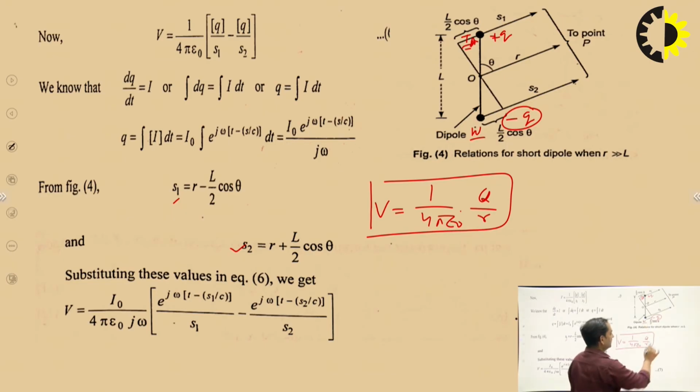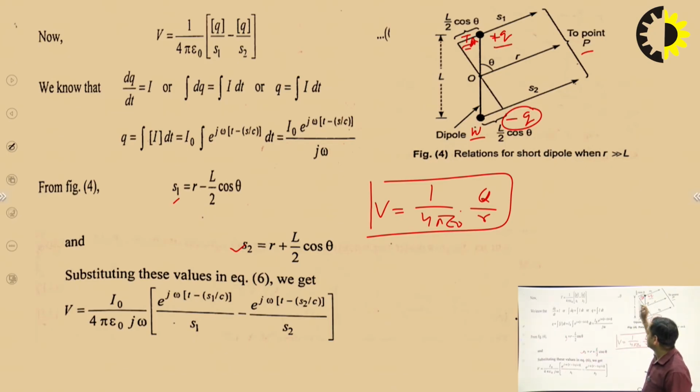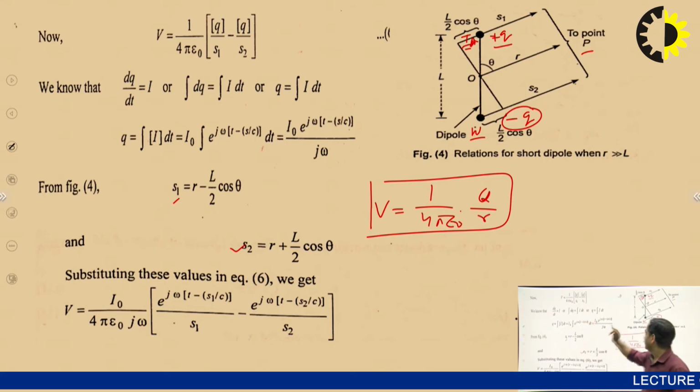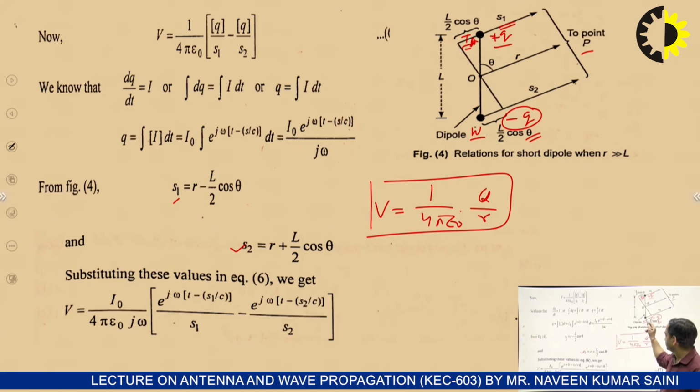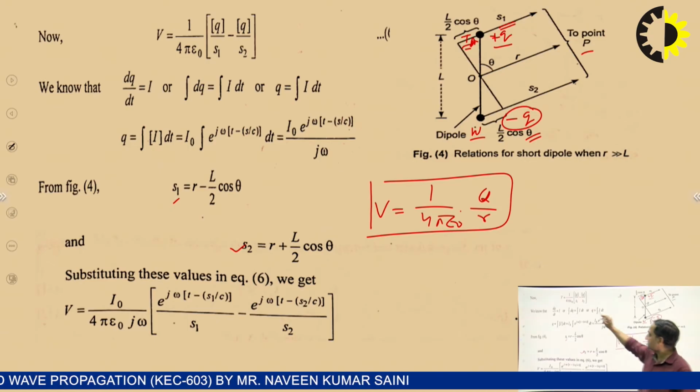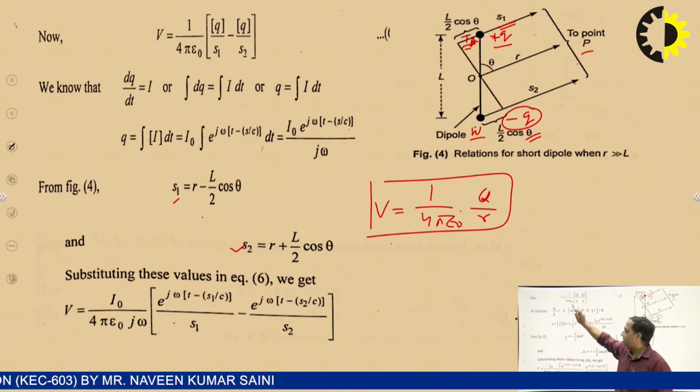If we want to find the potential at the point P, then the potential at point P due to the plus Q charge will be 1 upon 4 pi epsilon naught Q upon S1, because S1 is the distance, right? Similarly, the minus Q charge is accumulated, so the potential will be 1 upon 4 pi epsilon naught minus Q upon S2.